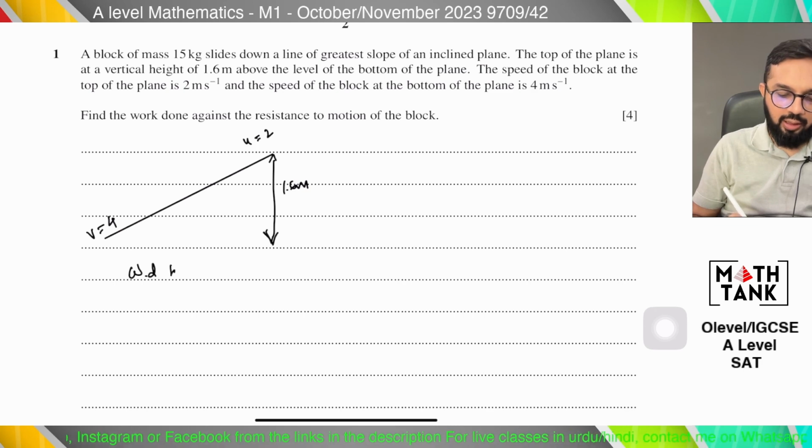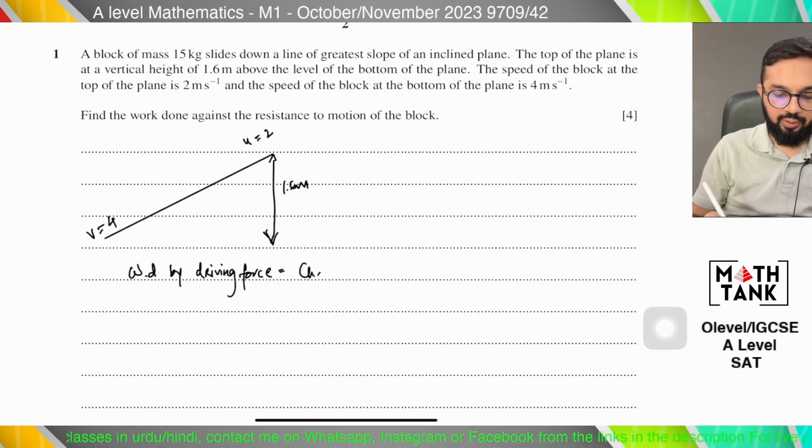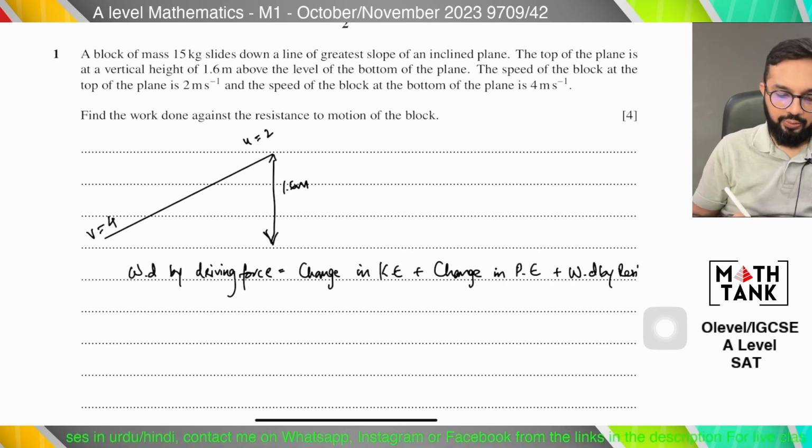So I'm going to use the work energy principle. Work done by external driving force equals change in KE plus change in PE plus work done by resistance. There is no external driving force coming down naturally, so I'm going to say 0.